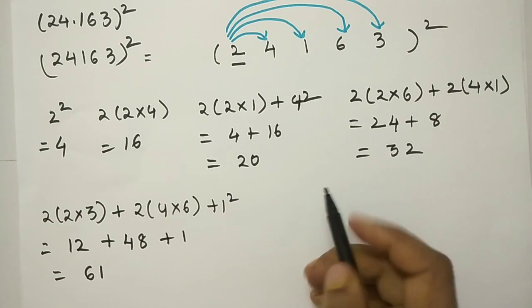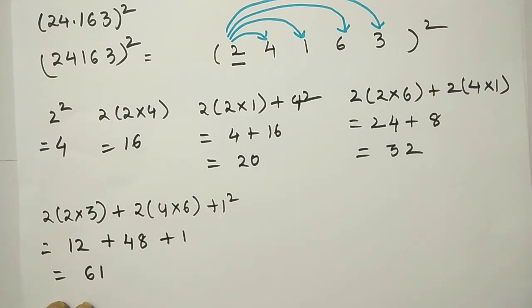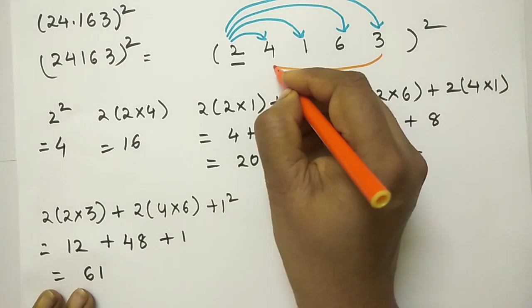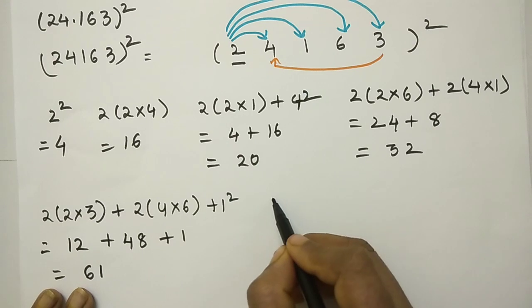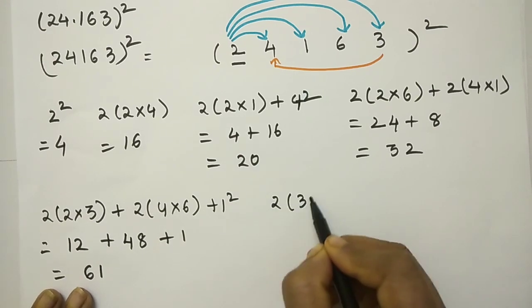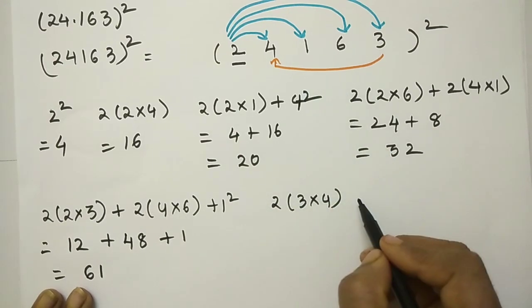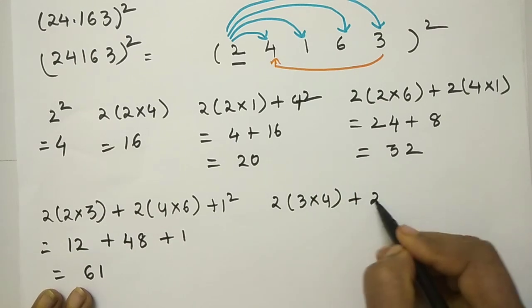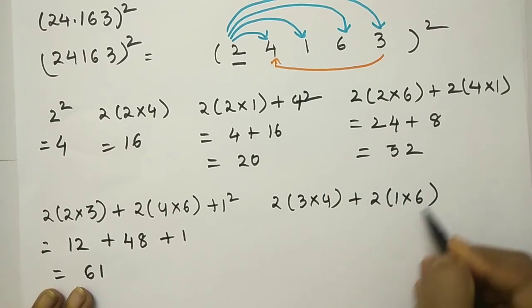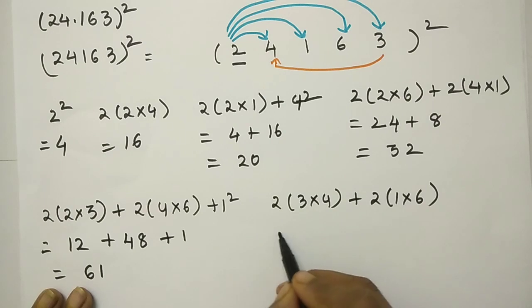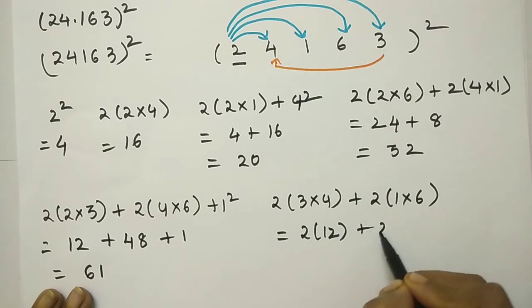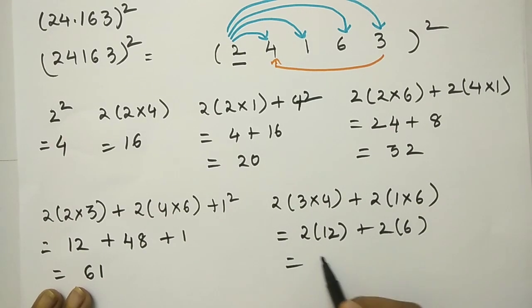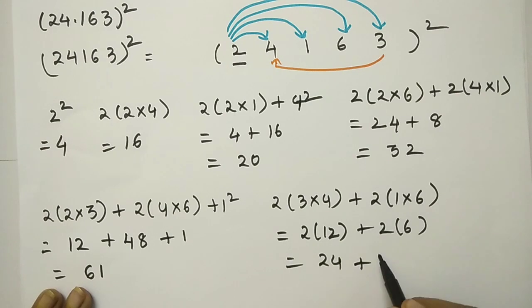Next you have to calculate 3 into 4. So 2 into 3 into 4, in the middle you are having 2 numbers, 2 into 1 into 6. This is equal to 2 into 12 plus 2 into 6, 24 plus 12.